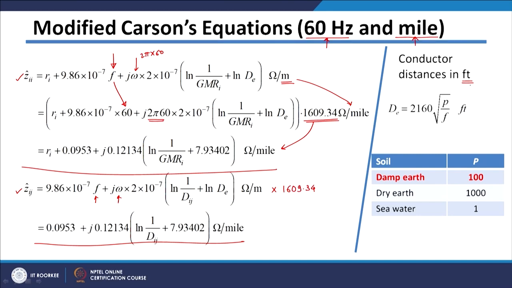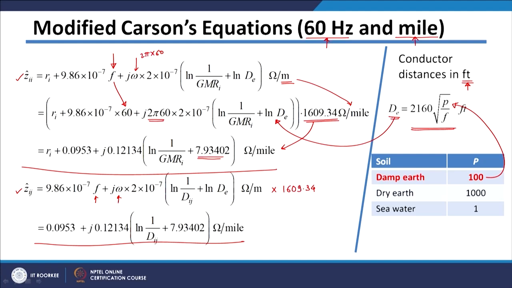In this case, since the distances between the conductors are considered in feet, you can use this formula directly, and I can put the resistivity of damp earth, which will give me d, and this d I put into this expression to get this term here.